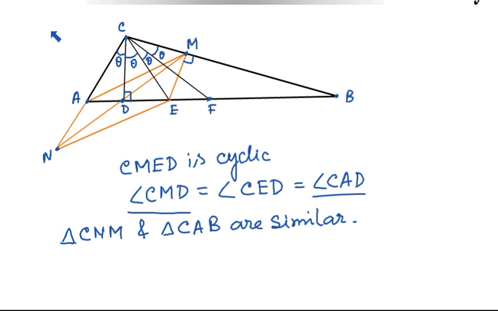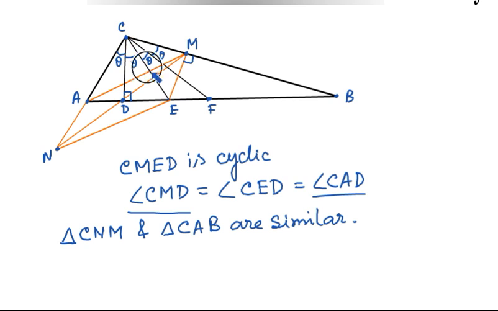Since they are similar, they are sharing this bisector CE. Interestingly, in the triangle CNM the bisector is again CE, so CE is the common bisector for the two similar triangles. CF is the median for the triangle CAB, and CF is at an angle theta from the angle bisector CE.